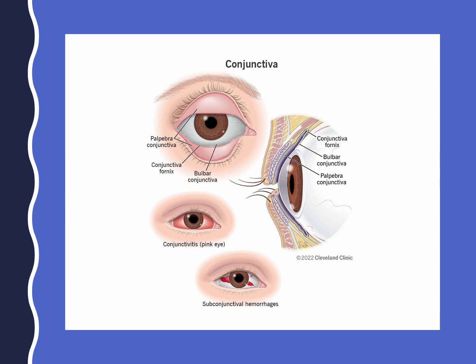So our story of the structure of the eye itself begins with the conjunctiva. And the conjunctiva is a very thin tissue that covers the front of the eye, and it lines the inside of the eyelids. Now, if you get something in your eye and it starts hurting or burning like crazy, this is because the conjunctiva is being irritated.